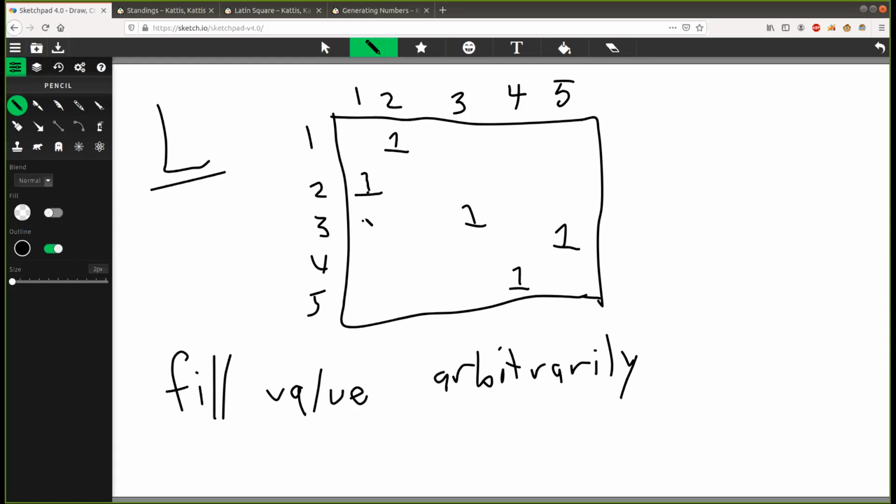So for example, in here, we might try here, here, and here. We might find that this is a perfect matching and then fill them with 2s. Or we might find another perfect matching and then fill them with 3s.